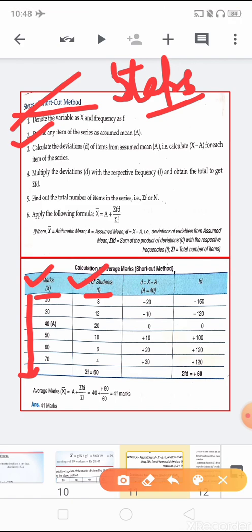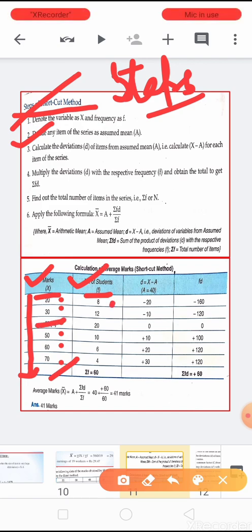And children, one thing to be understood is that whichever value we assume, our answers come out the same. So if we choose any value out of 20, 30, 40, 50, 60, 70, the answers come the same in all the various ways. So we assumed here 40 as the assumed mean.